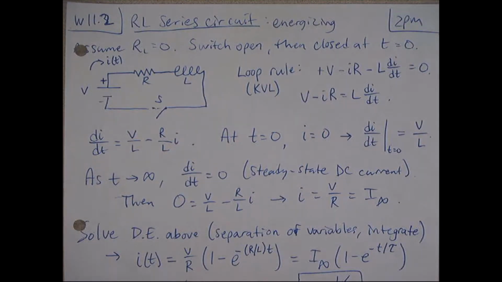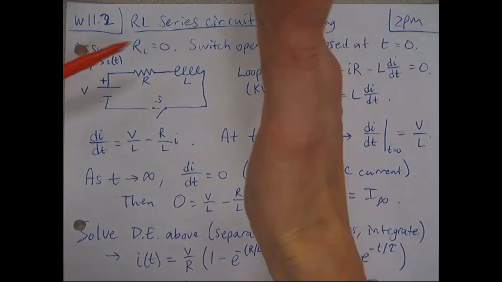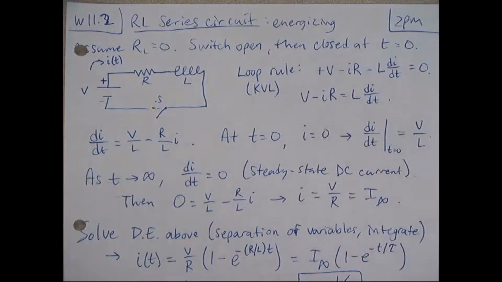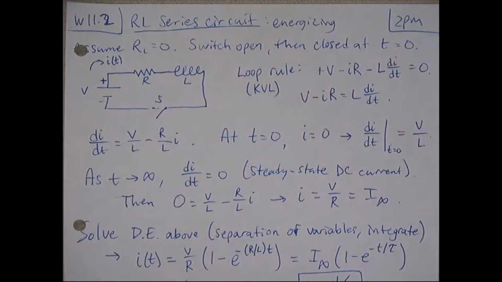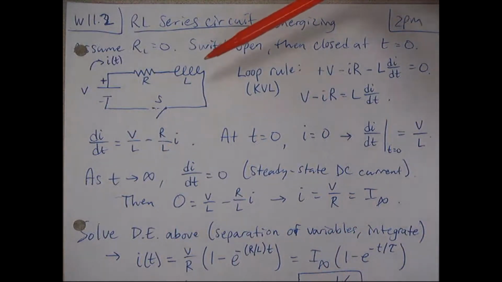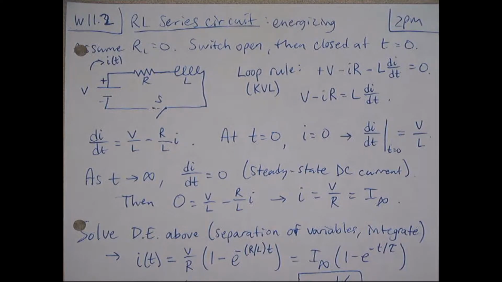After a long time has elapsed, the inductor will lose its battle pushing against that current, and a steady state current will be developed. You will have DC current flowing clockwise around the circuit. di/dt will be 0 in that case, and you can then solve for the steady state value of the circuit current, which is just V over R. It is as you would expect if the inductor were a short.